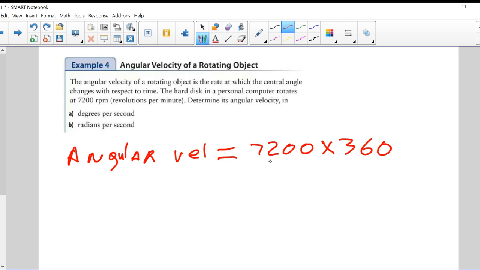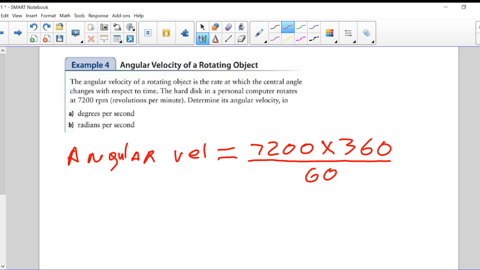Now I have to put that over 60 seconds because that's per minute. I put the number of degrees it's going to revolve through on top, and the number of seconds it's going to take on the bottom. I want to make sure that people are understanding me so far.